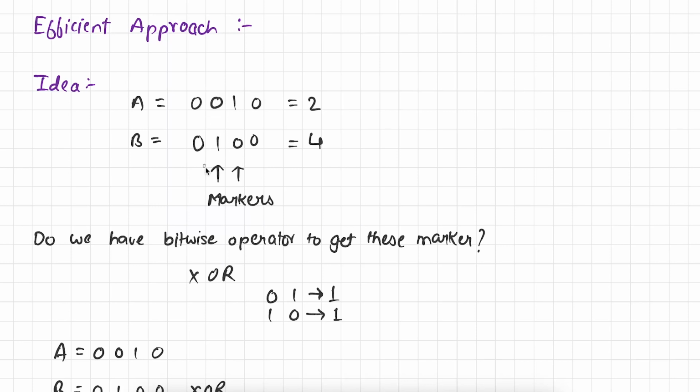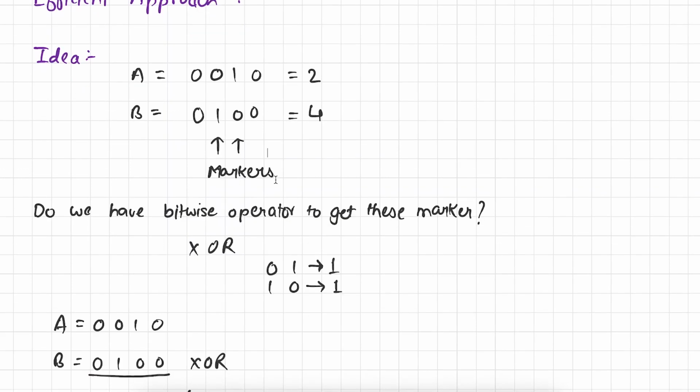So here you can see there are 2 markers that tell us that in these positions you have to flip bits. So now think about a bitwise operator that can help us in finding these markers. So here we can use the XOR operator. Why? Because the XOR operator works exactly like this.